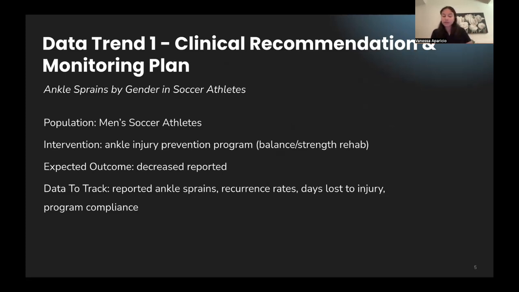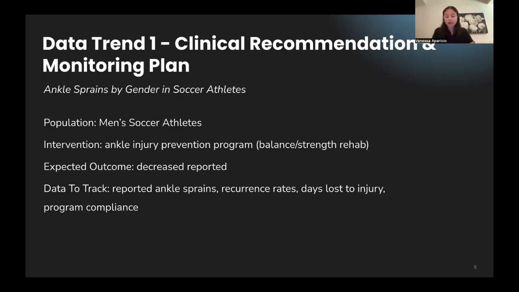Athletes with a previous history of ankle sprains could also use prophylactic ankle taping or bracing to prevent this alongside the rehab program. So both should be done together. I wouldn't want to do just taping, but we could do just rehab if they haven't had them before.